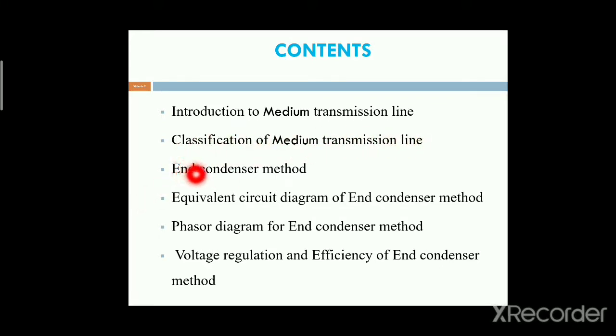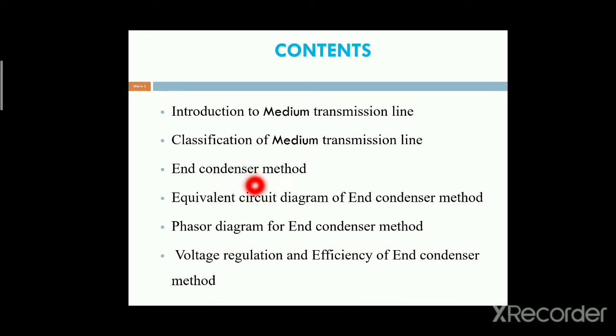Next one is the end condenser method. This is the first method in the case of a medium transmission line.